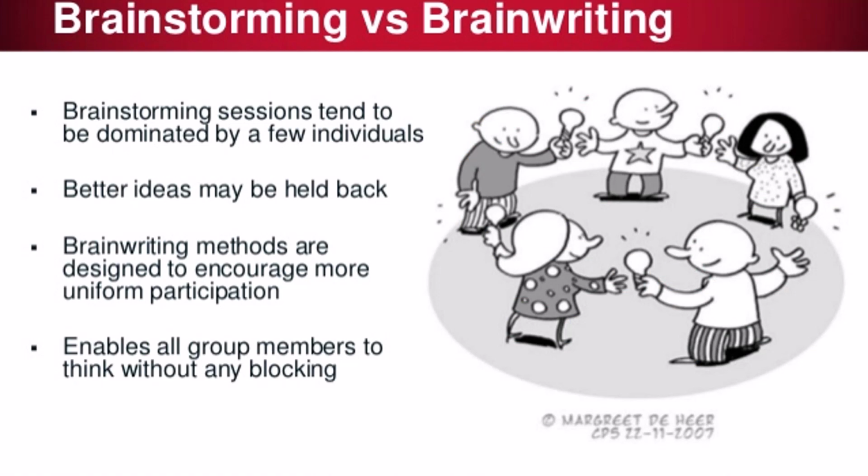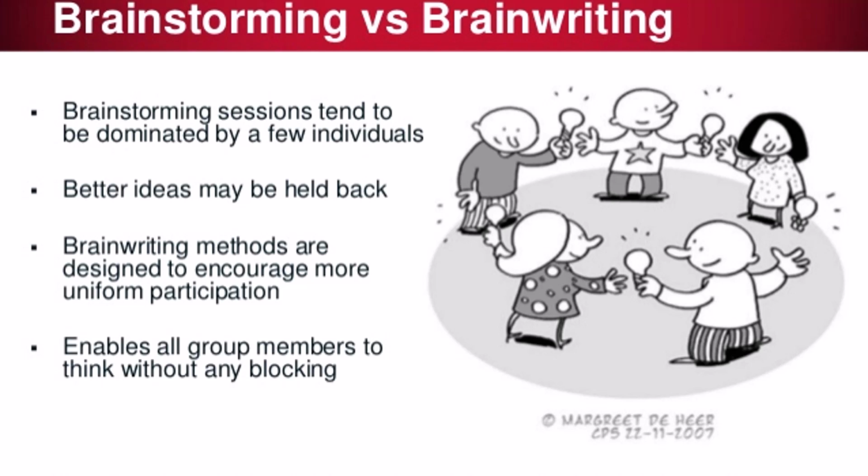Now we take a look at brainstorming versus brainwriting. Of course, when we conduct a brainstorming session, the session tends to be dominated by a few individuals. The person who is talkative will conquer the discussion. So what happens to the person who is passive during the discussion? That person will talk less. Better ideas may be held back if we conduct brainstorming.